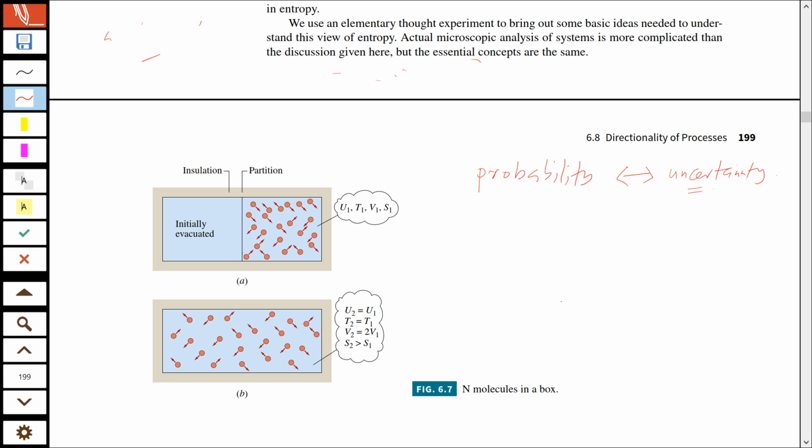If you are more uncertain about something, what probability will you assign to it? And if you are certain about something, what probability will you assign to it? Keep this in mind.